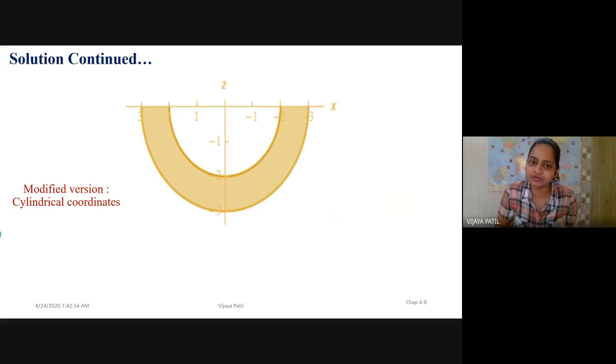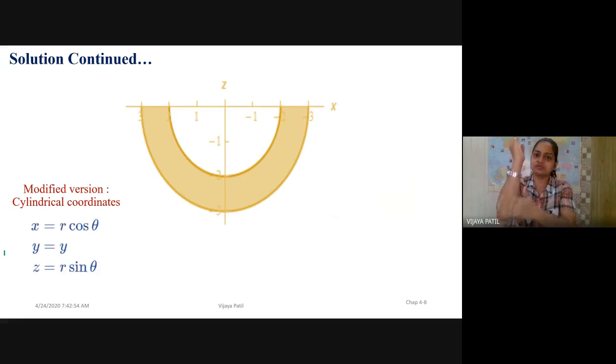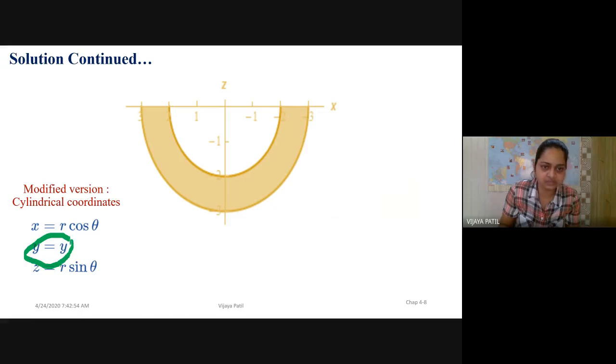So what will be my modified version of this? y will remain y, because the z axis has been replaced with my y. The equation where we had y equals r sine theta is now given to z.